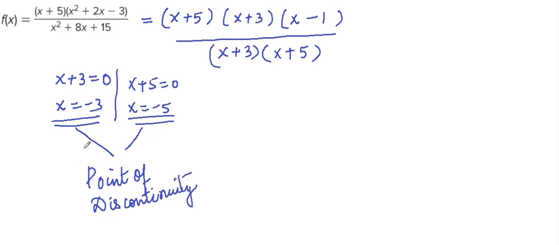If they ask you to find the domain, you can also get it from here. The domain is all real numbers, but x should not be equal to minus 3 and minus 5. This is the domain.